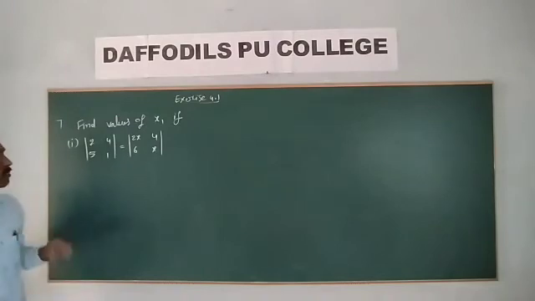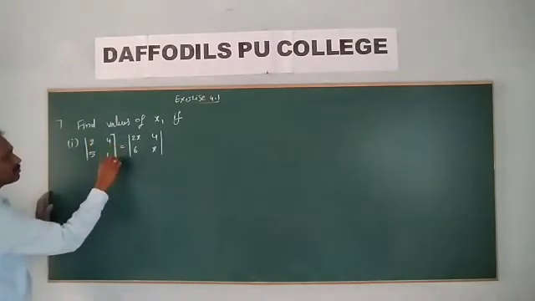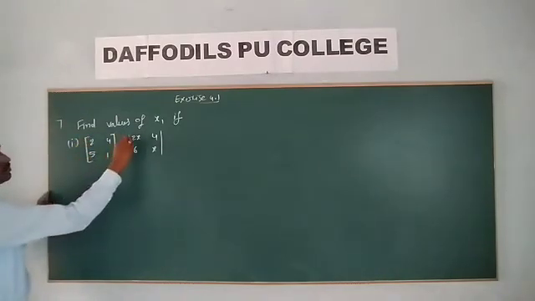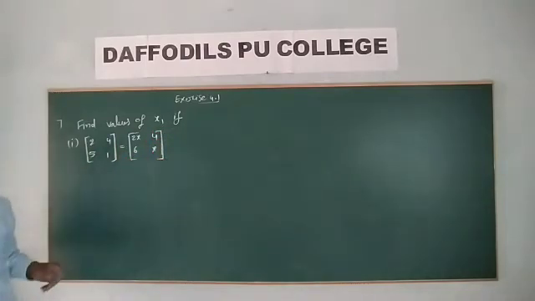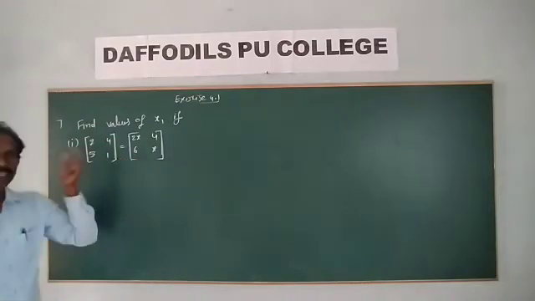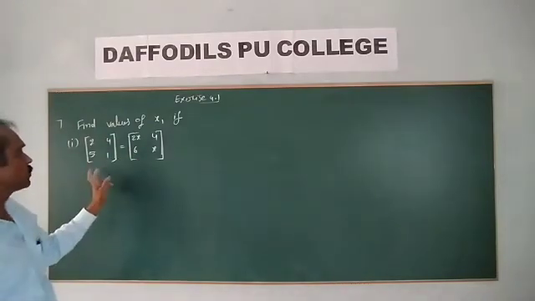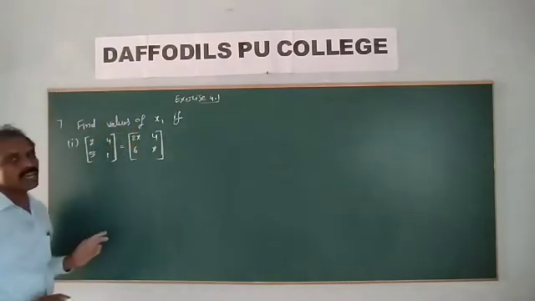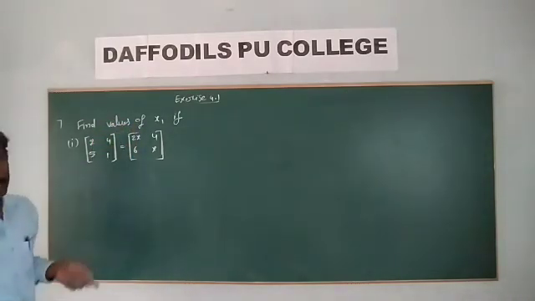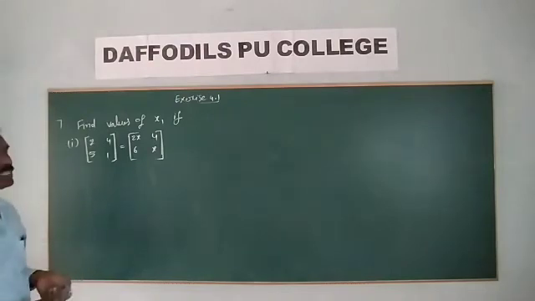Actually, in matrix problems, how can we find the values of x? The order must be the same on both sides, and the corresponding elements must be equal. Then only it is possible.